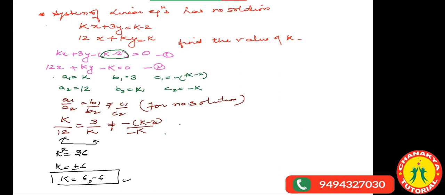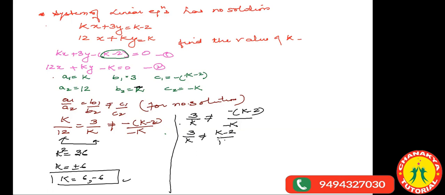Okay. Now take last two fractions. So here 3 upon k is not equal to minus k minus 2 upon minus k. This minus minus will be positive, beta. So it will be 3 by k is not equal to k minus 2 upon k.